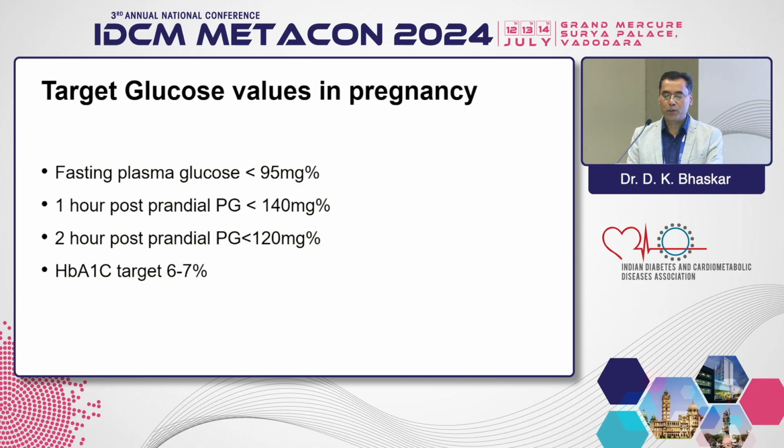Then 1 hour postprandial should be kept less than 140 and 2 hour postprandial should be kept below 120. So below 95 and below 120 are the best target values in pregnancy. And HbA1c should be kept between 6 and 7. So 6 is the best if it is achieved without hypoglycemia, and in some cases where hypoglycemia is the problem, 7 is also acceptable.